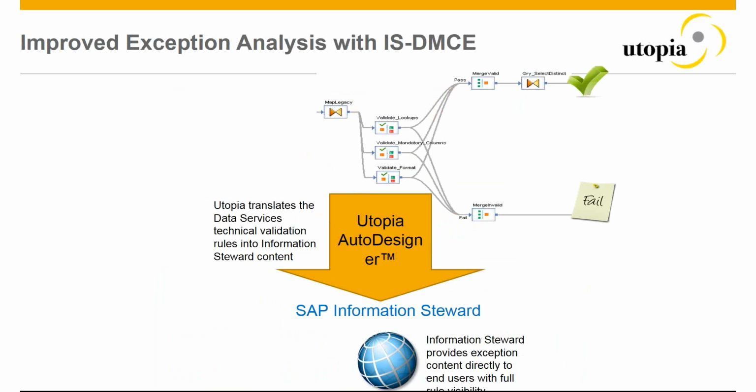One of the things we've done here at Utopia is we've created something that we call an auto designer. We use SAP's Data Services for this, but what it essentially allows us to do is take the rules from what SAP used to call best practices for data migration, and they now call it rapid data migration. Basically, these are a set of rules.